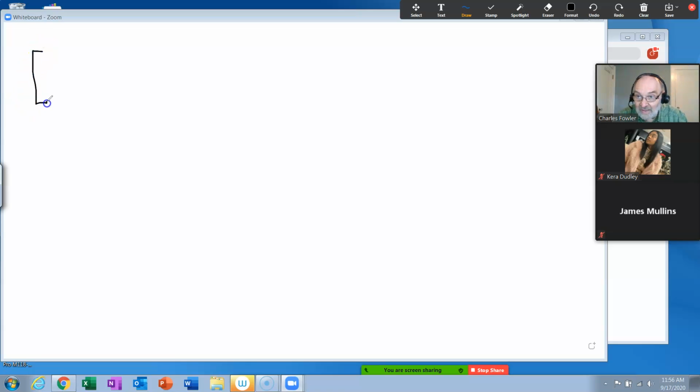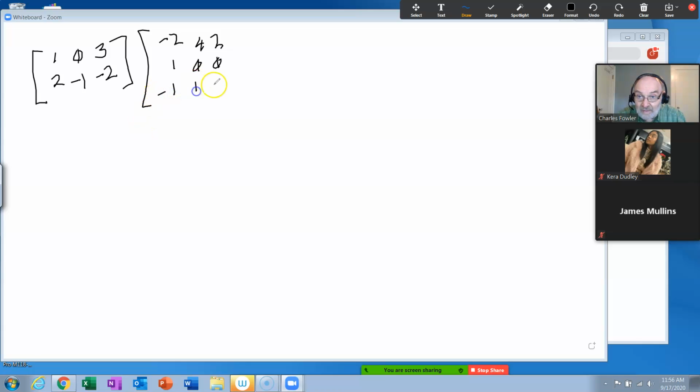So the first matrix they have here is 1, 0, 3, 2, negative 1, negative 2, and we're going to multiply that by negative 2, 4, 2, 1, 0, 0, negative 1, 1, negative 1.